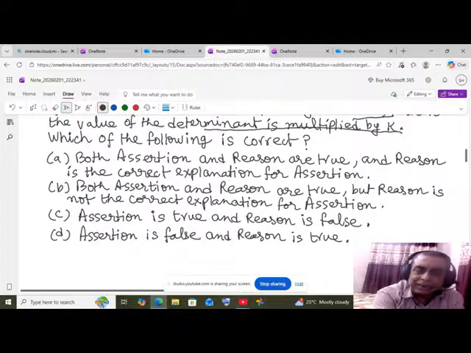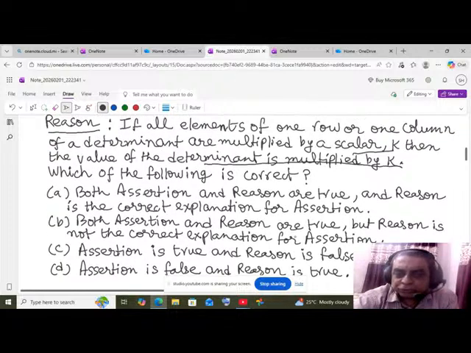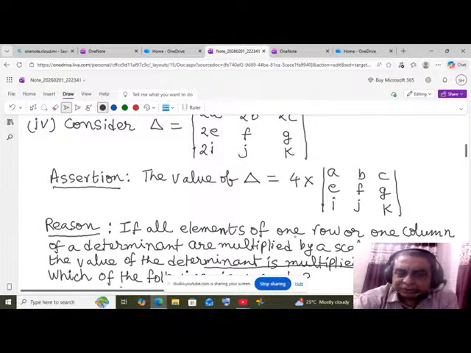B. Both assertion and reason are true, but reason is not the correct explanation for assertion. C. Assertion is true and reason is false. D. Assertion is false and reason is true. So we have to check which is the correct choice.